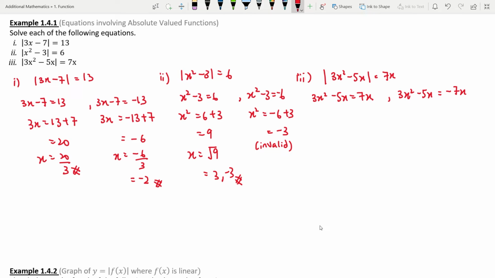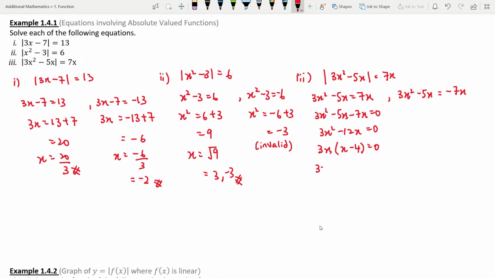This is a quadratic equation, so let's bring all the terms to one side. We have 3x squared minus 5x minus 7x equal to 0. Simplify it, we have 3x squared minus 12x equal to 0. Factorize the equation, we have 3x bracket x minus 4 equal to 0.